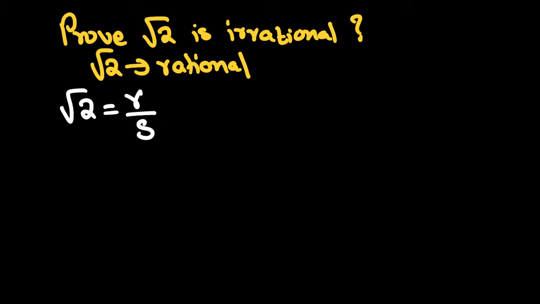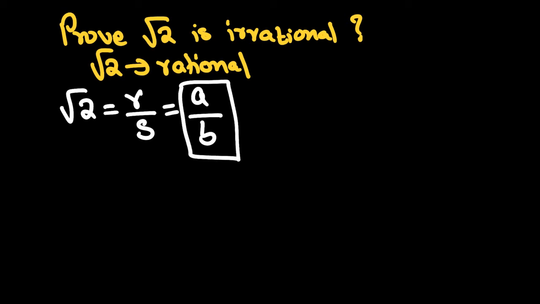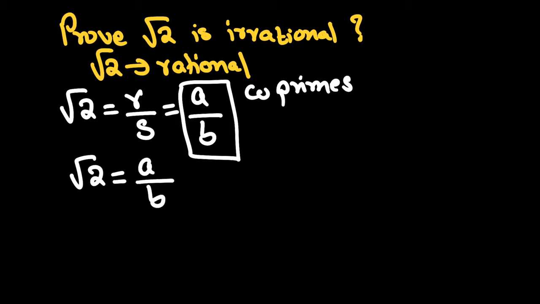And when we divide r and s by that common factor, we land up with some other fraction a over b, where a and b are co-primes, meaning now the common factor which divides a and b is 1. So we can write root 2 equal to a over b.